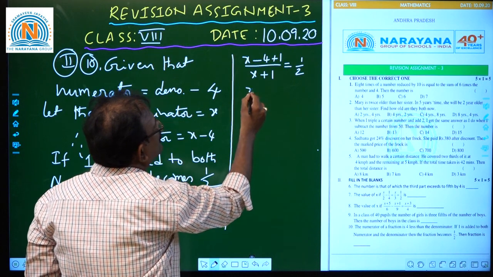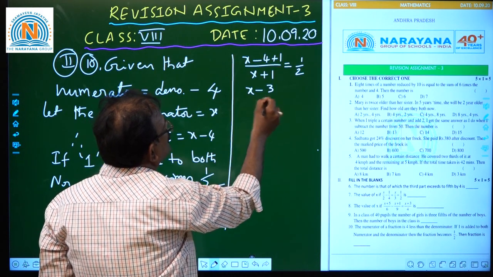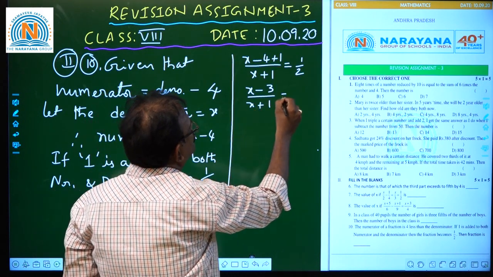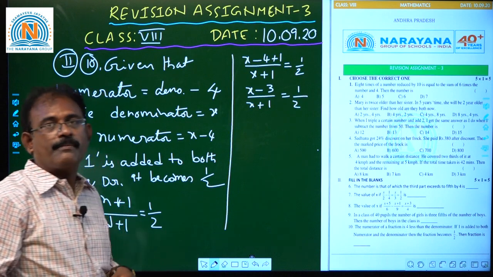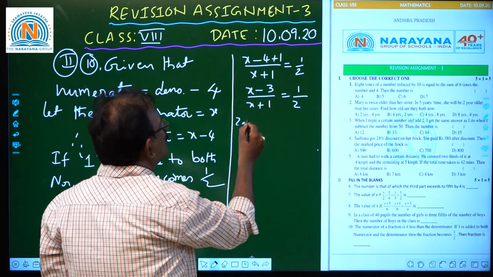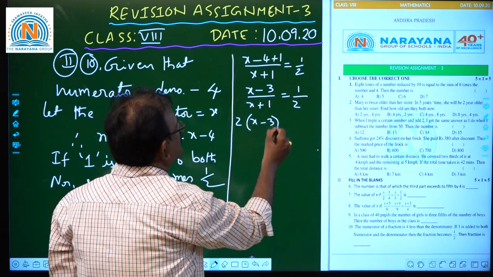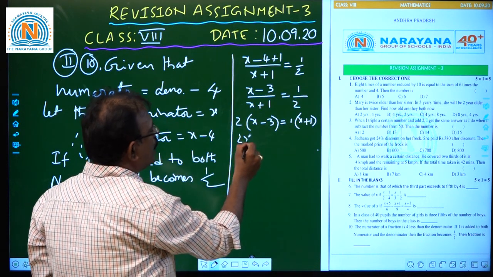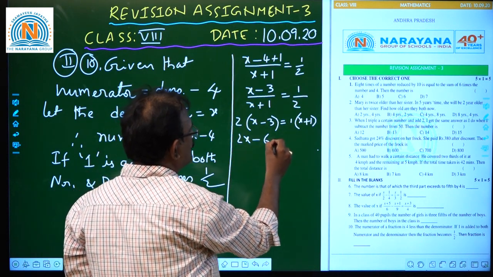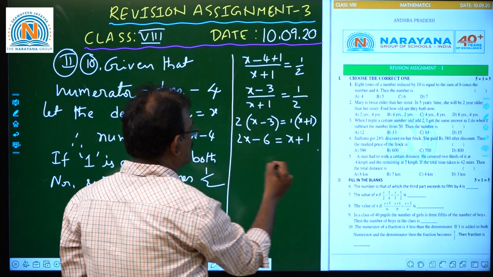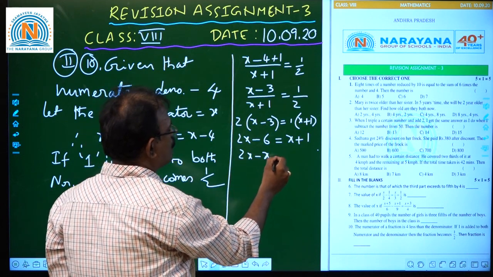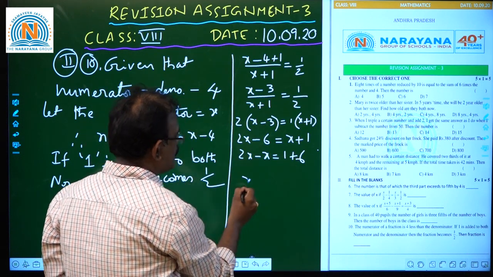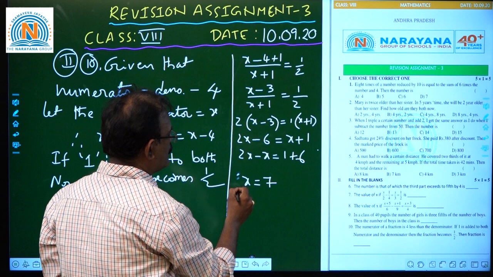So we need to simplify this. Minus 4 plus 1 is minus 3. Go to cross multiplication, children. So 2 times x minus 3 is equal to 1 times x plus 1. So 2 times x, 2 times 3. Then 2x minus x is equal to 1 plus 6. So x is equal to 7.